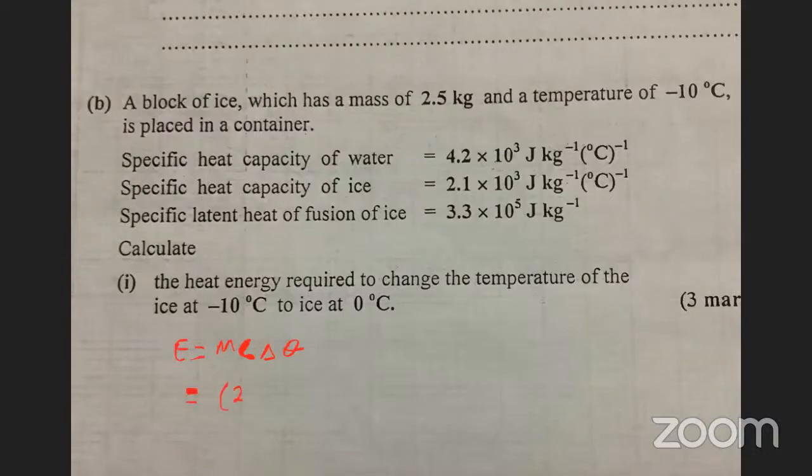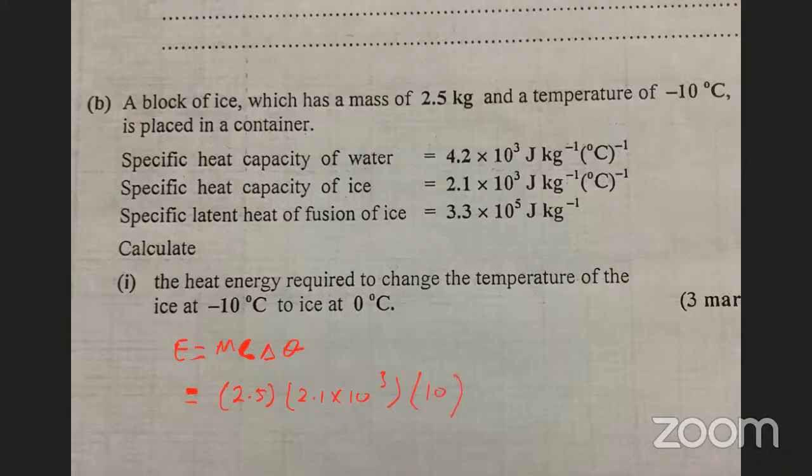What's the mass of the ice? 2.5. Sorry, what's the specific heat capacity of ice? 2.1 by 10 to the 3. And what's the temperature change the ice underwent? 10 degrees, right? That's okay?